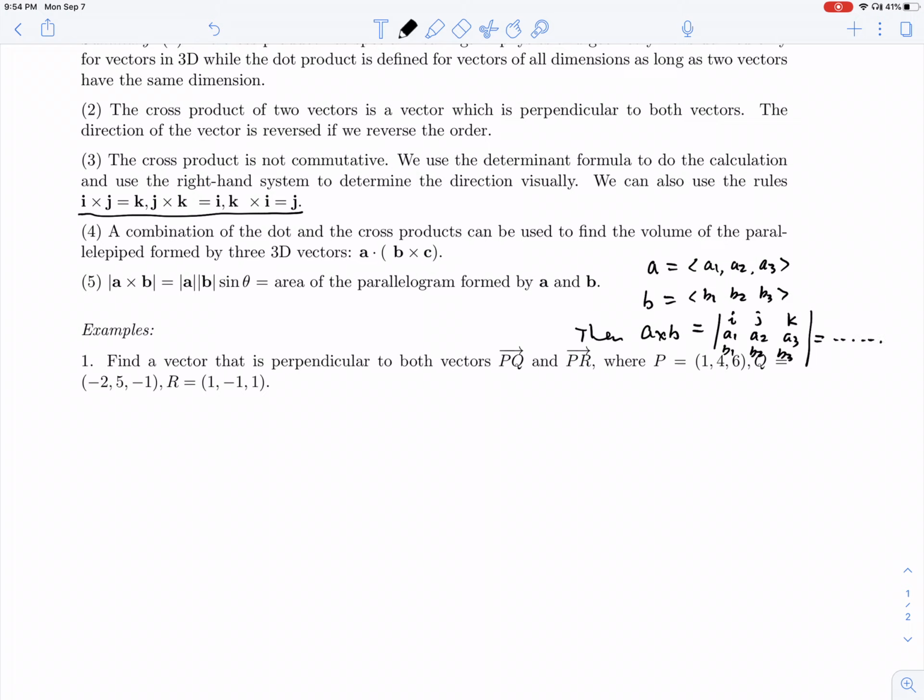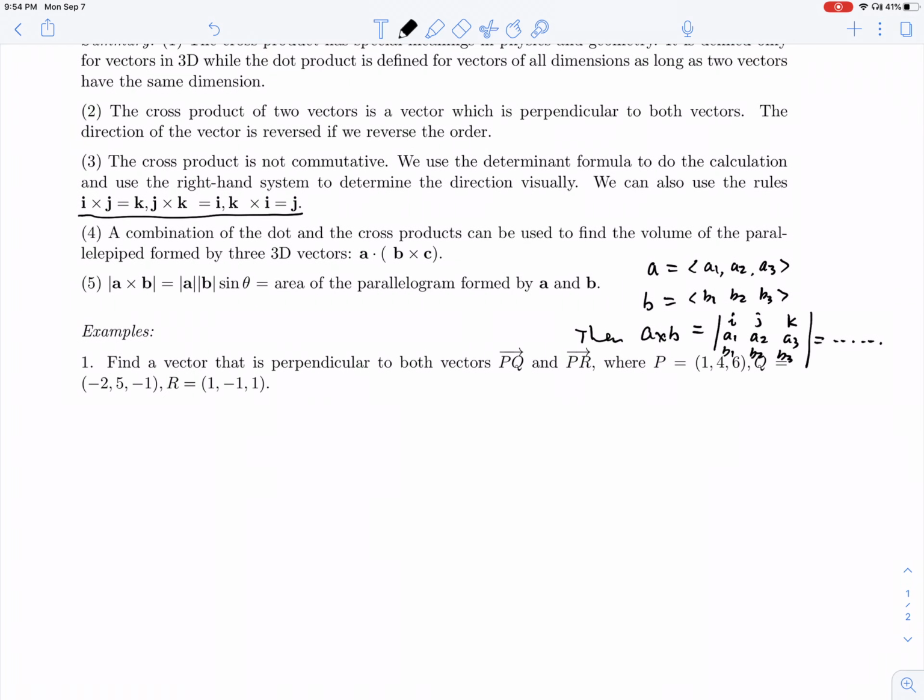We will show an example, but let's look at what the first problem is asking us to do. Find a vector that is perpendicular to both vectors, and we have P, Q, and R over here. First we need to find these two vectors, because this can be done by finding the cross product, because the cross product is perpendicular to both vectors.